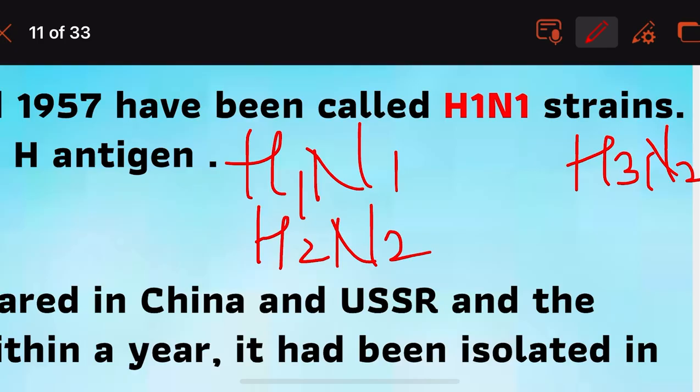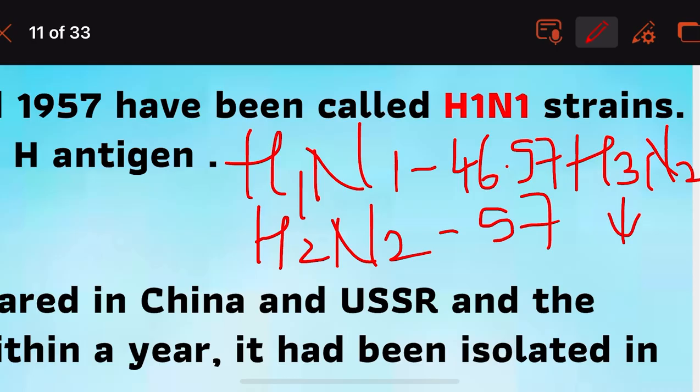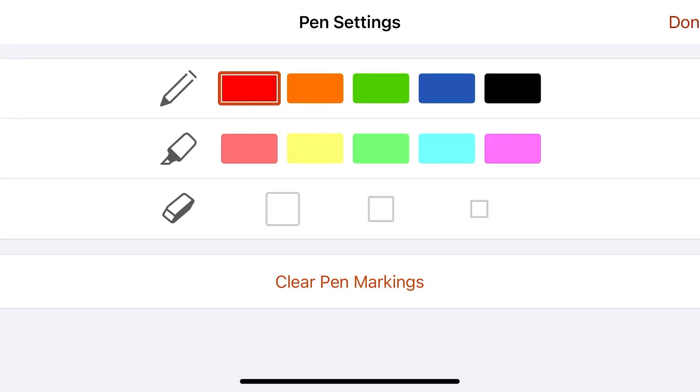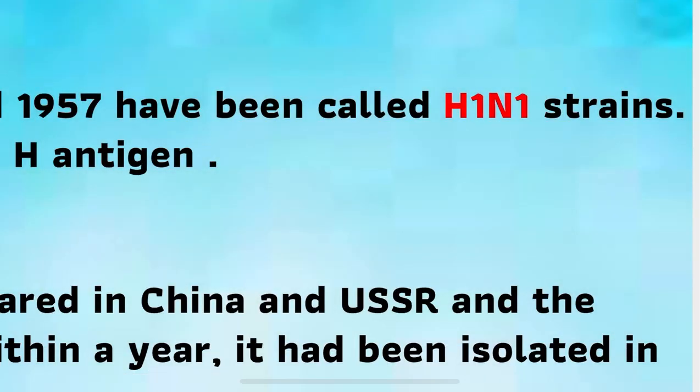So what are the dates we saw? The years: 1946 to 1957 for H1N1, H2N2 in 1957, H3N2 in 68. So 46 to 57, again 57, and this is 68. Clear, guys? Now we are very clear about the strains.